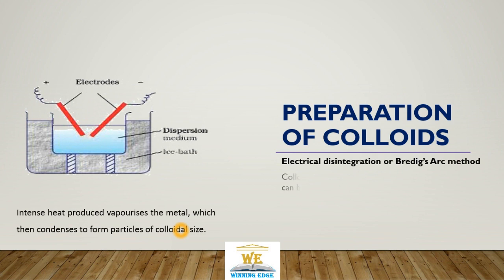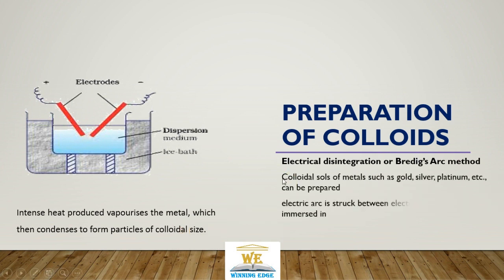Now, Bredig's arc method to prepare colloidal sols. Colloidal sols of metals such as gold, silver, platinum, etc. are prepared by striking an electric arc between the electrodes in a suitable dispersion medium, which we cool using an ice bath or any other suitable medium.